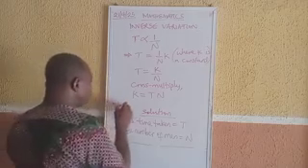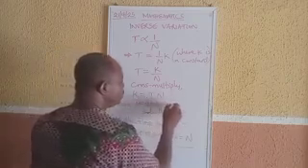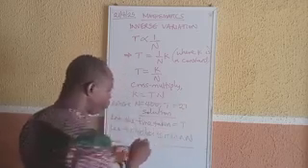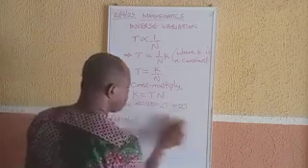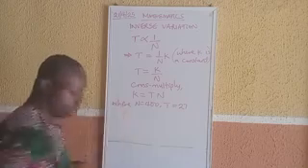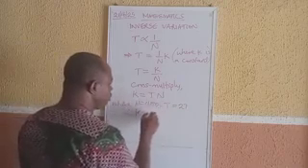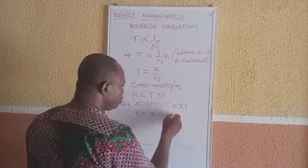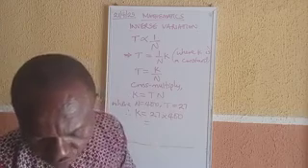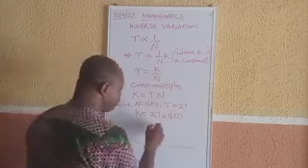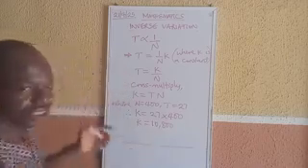So where N equals 400, T is 27. So let's substitute them here. So therefore, K is going to be 27 times 400, which gives 10,800. So the value for K is 10,800.